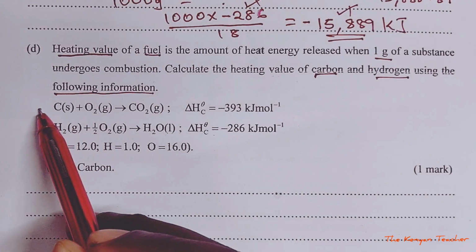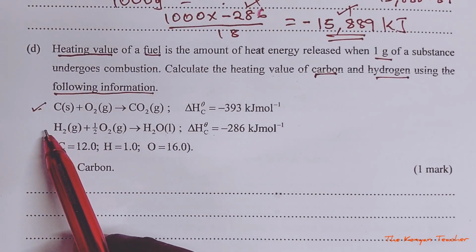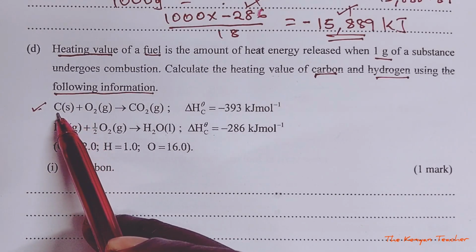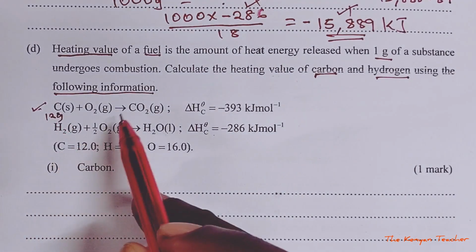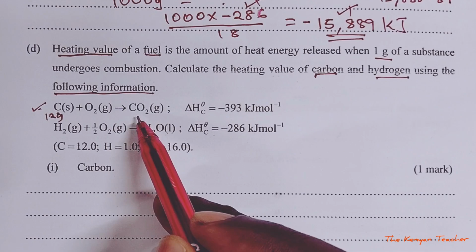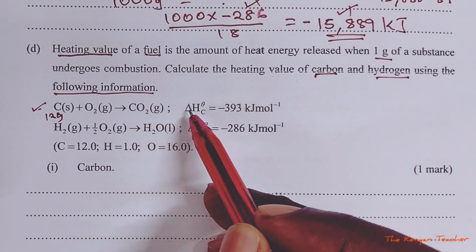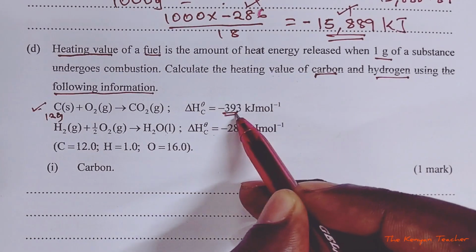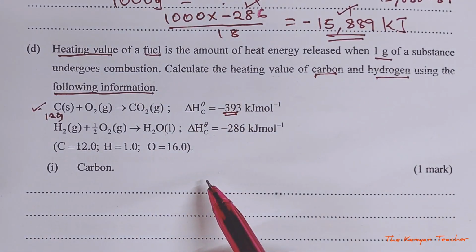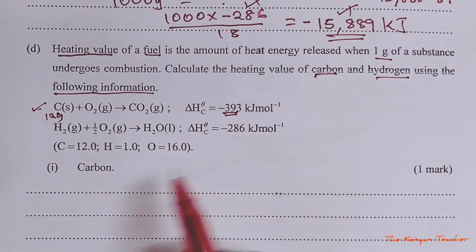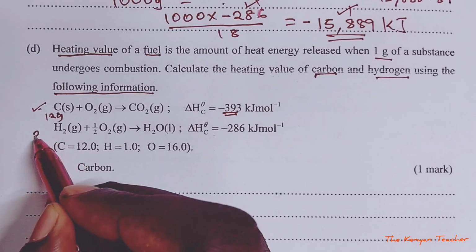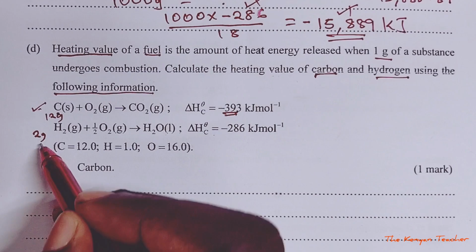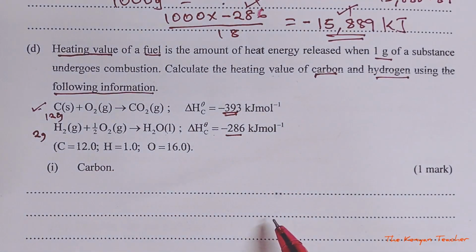So the first piece of information we have is when you burn 1 mole of carbon, don't forget this is 12 grams, in excess oxygen, to give carbon dioxide, the enthalpy of combustion has been given as negative 393 kilojoules per mole. Now, when it comes to hydrogen, heating 1 mole of it, which is equivalent to 2 grams, will be accompanied by negative 286 kilojoules per mole.